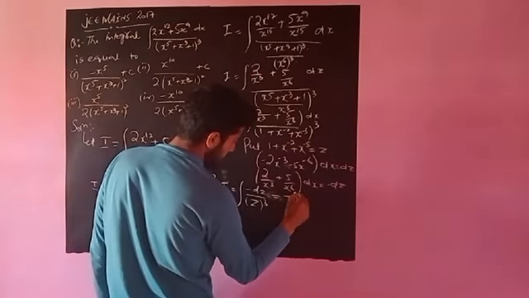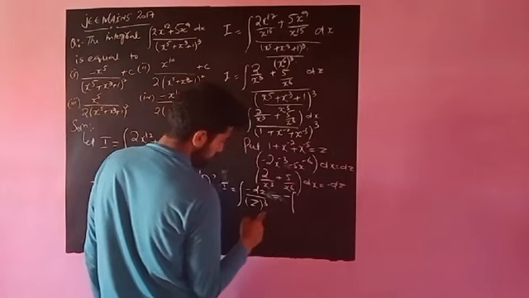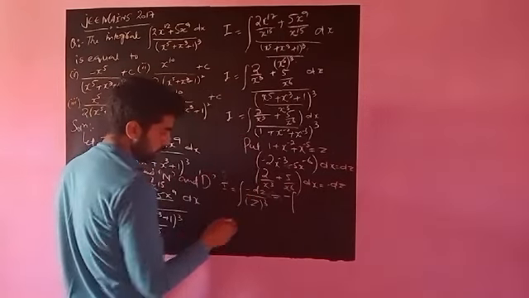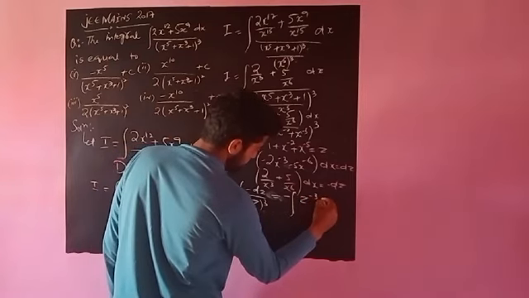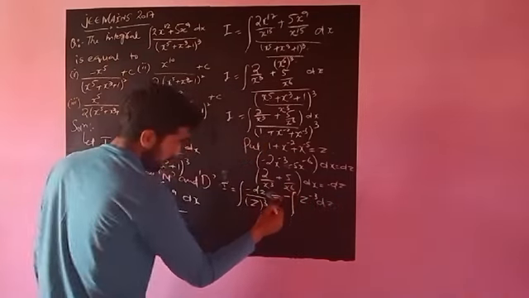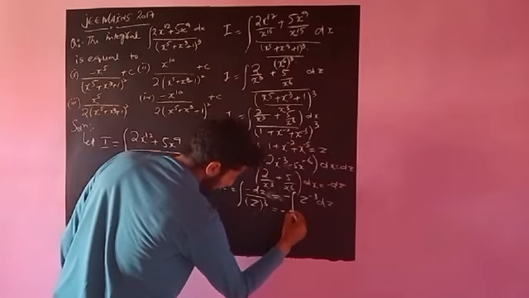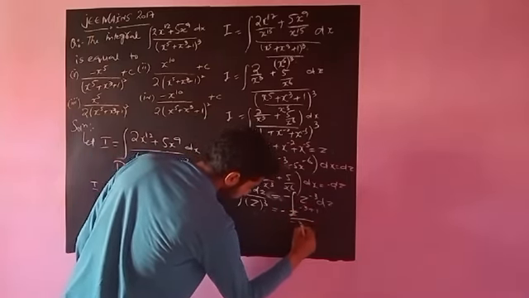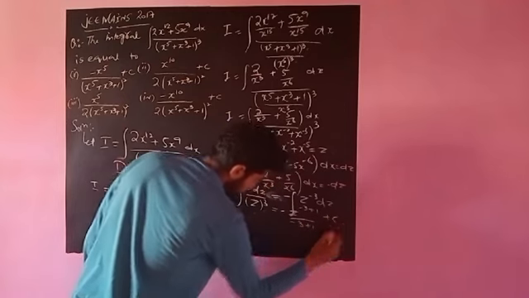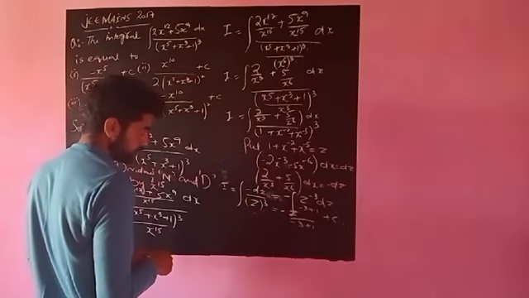That is equal to minus times, here we take the power to the numerator, then it is the integral of z raised to the power minus 3 dz. Here by simple integration, this is minus z raised to the power minus 3 plus 1 upon minus 3 plus 1, plus a constant c, that is an arbitrary constant.